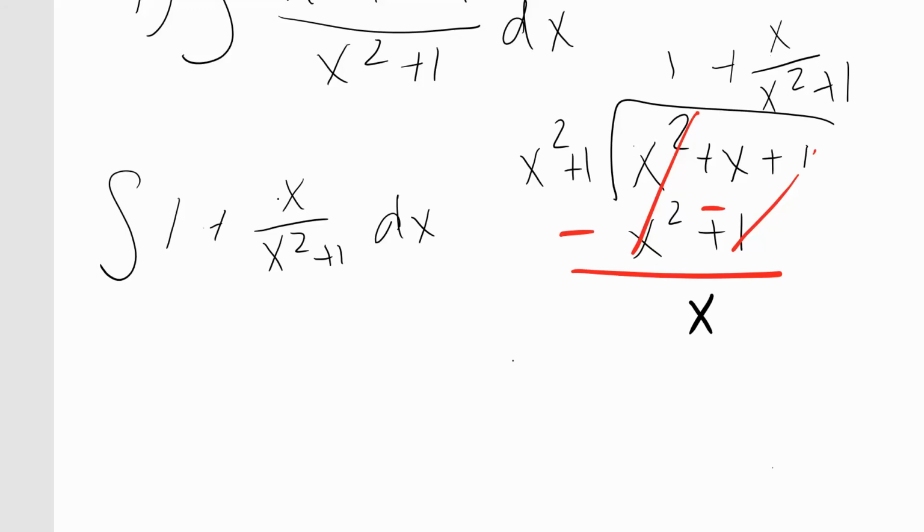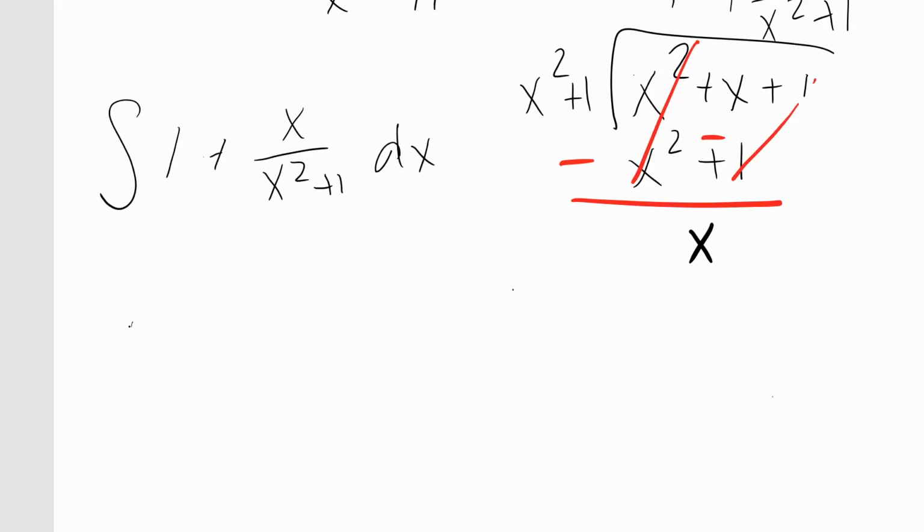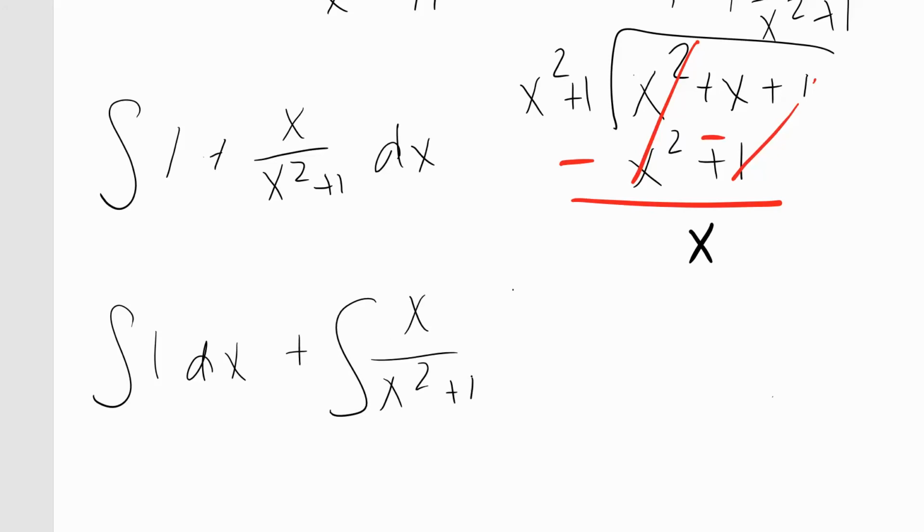That's not a problem. This is now in the form we like from the last video, where the numerator is degree 1 less than the denominator. So I'm going to break this up, and I'm going to do the integral of 1 dx plus the integral of x over x squared plus 1 dx.